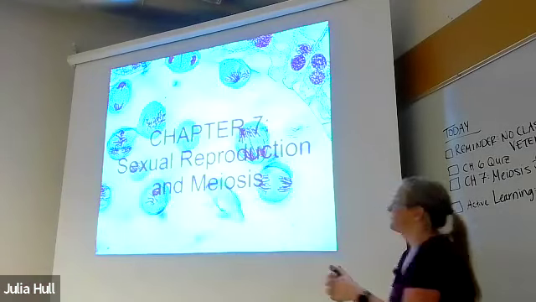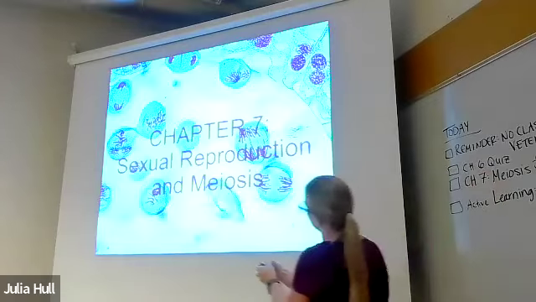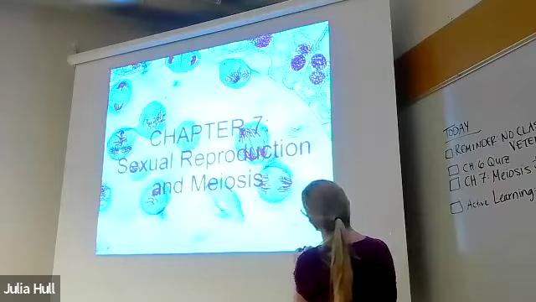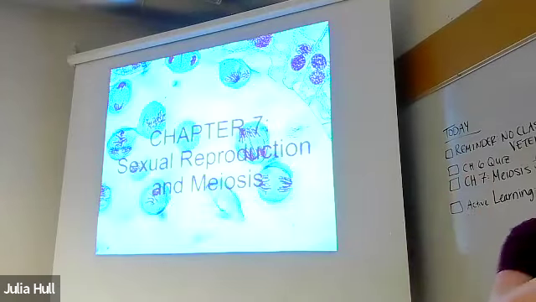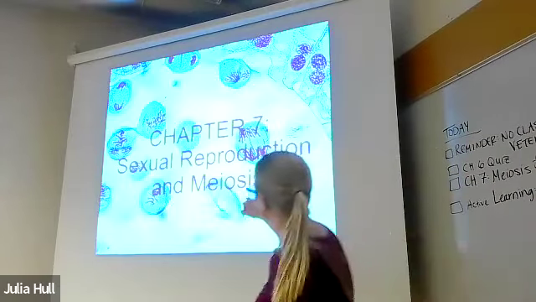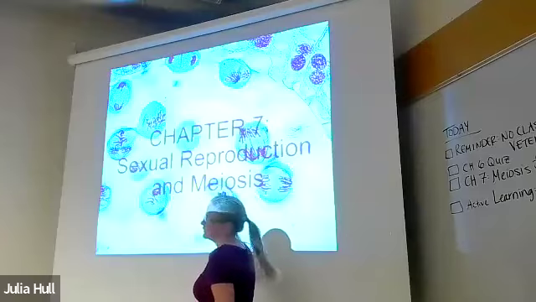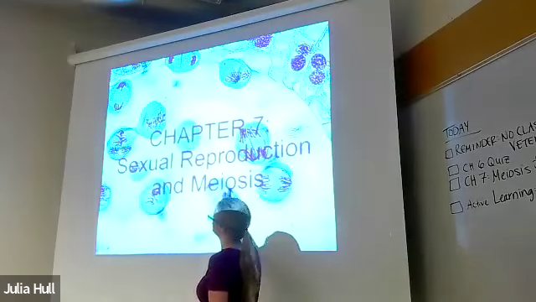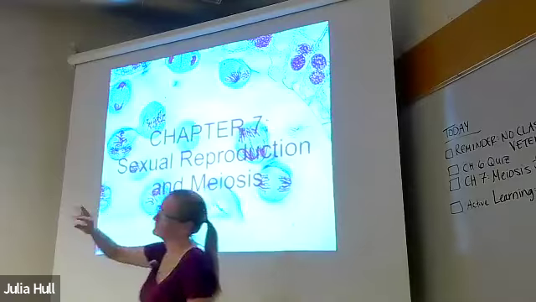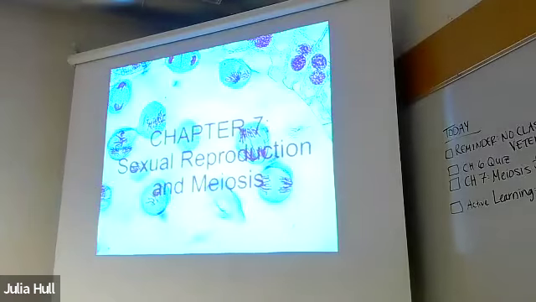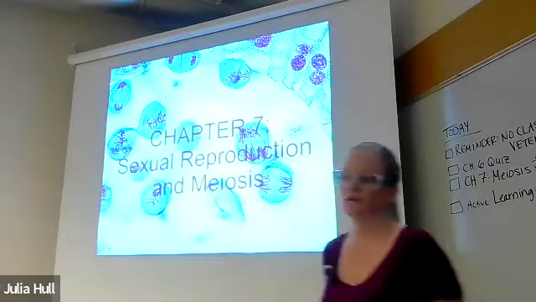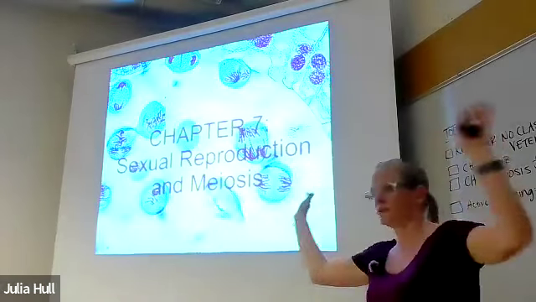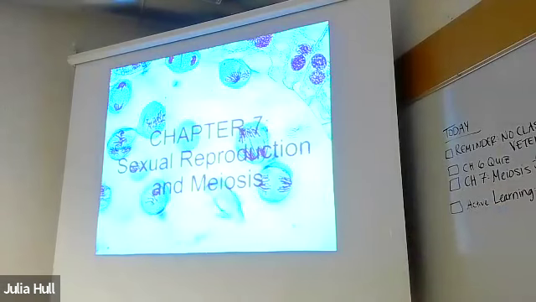So in eukaryotes, the way that we get genetic variability is through sexual reproduction. There are going to be 3 sources of genetic variability: 2 during meiosis and 1 outside of it. When we get there, I'm going to make it bigger in your notes.